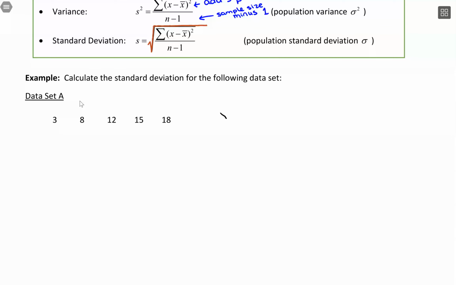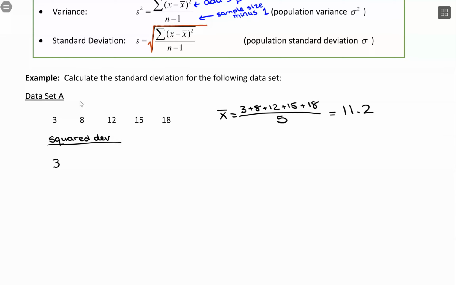So first thing you'll always need is the mean. So we're going to add up these values and divide by our sample size, which is 5. So that'll be an 11.2. So what it comes down to is we need to average those squared deviations. So what can help is just listing out your squared deviations.